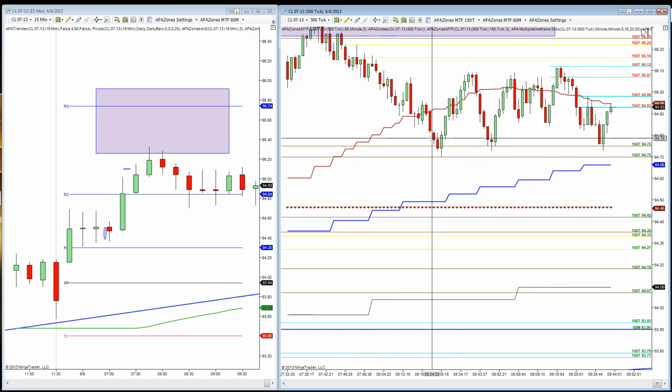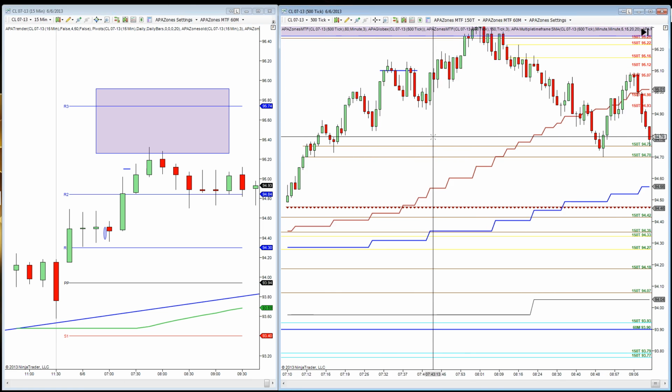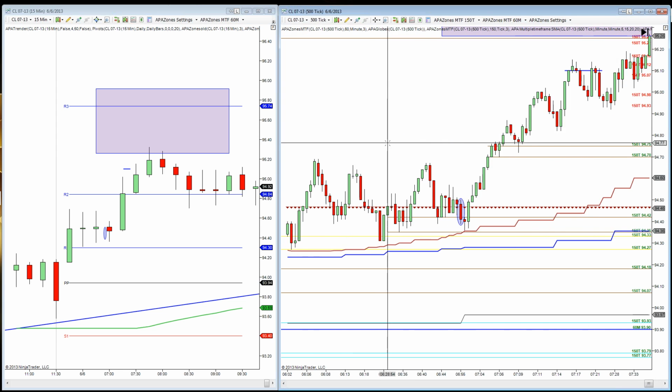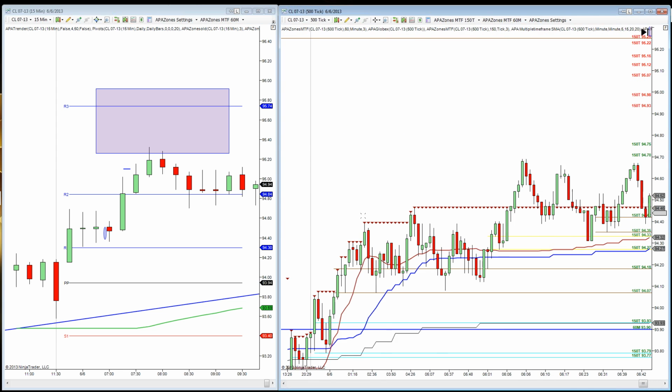So that's what the multiple time frames are used for. And it just so happens that this zone is roughly around the body of that candle right there, for whatever reason, and it works out really well. You will see a lot of those.